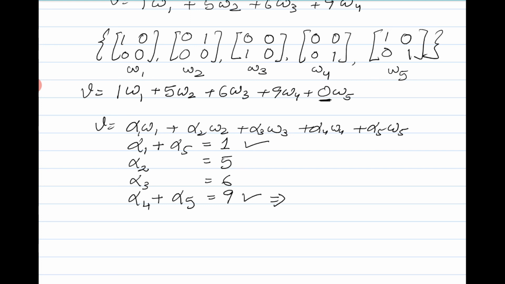so this one will give me alpha 5 is nothing but 9 minus alpha 4, and if I substitute it here, what I would get is alpha 1 plus 9 minus alpha 4 is 1, which essentially says alpha 4 is equal to alpha 1 plus 8.